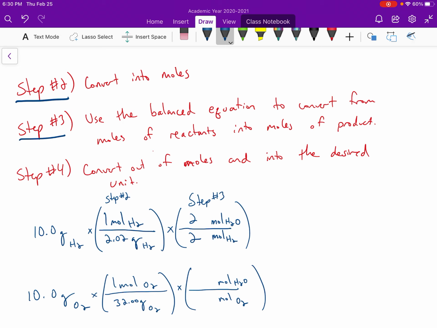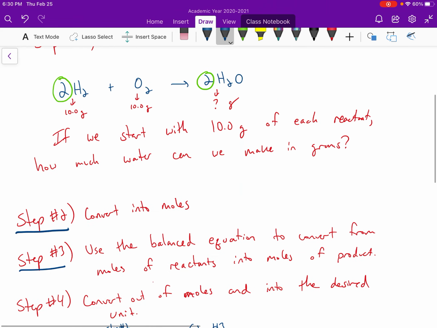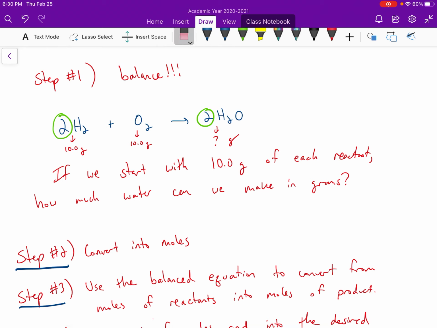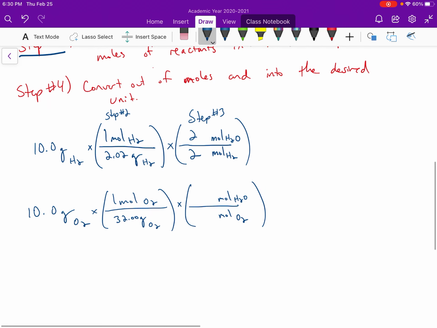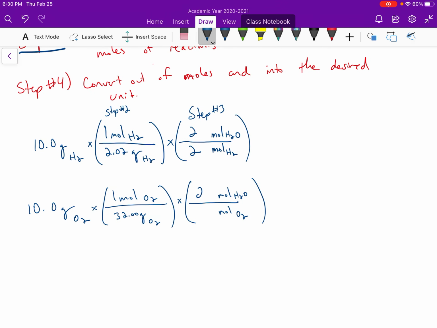Okay? I'm just writing down the coefficients from the balanced equation. That's it. Let's go to the second one. Now we're talking about water to oxygen. Okay. 2 waters, 1 oxygen. That's my recipe. Write it down exactly like the balanced equation says.